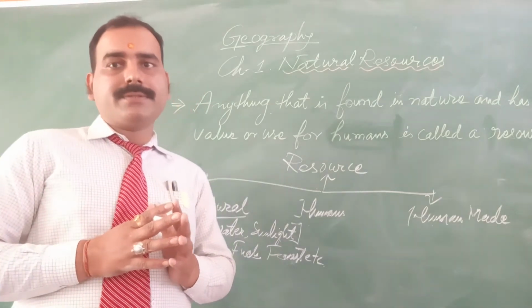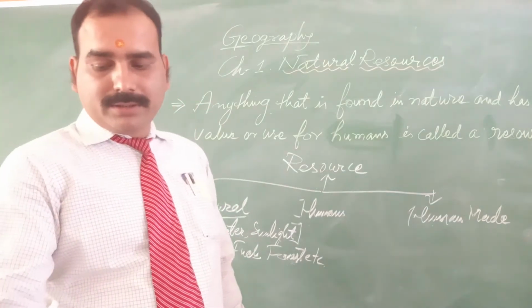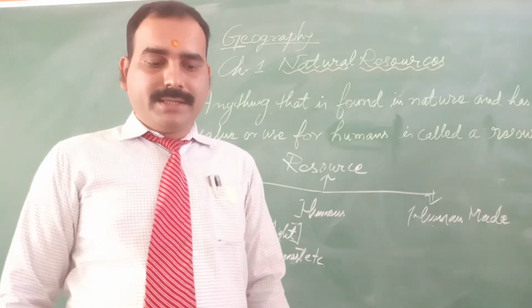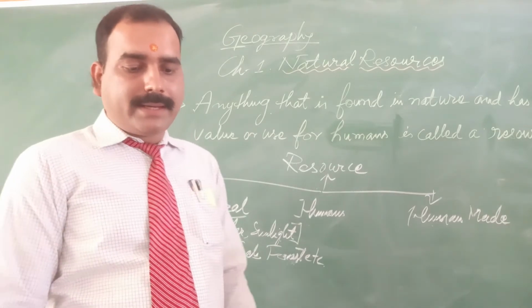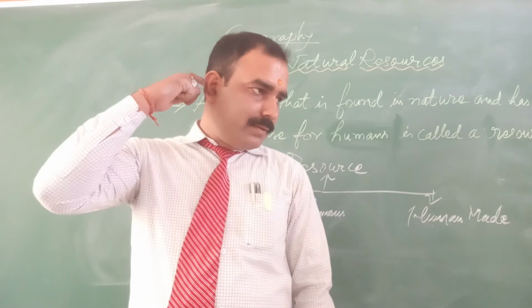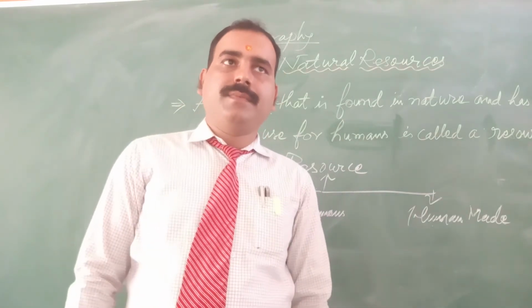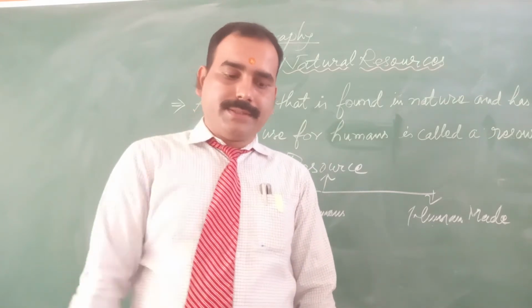I have explained to all of you in earlier classes that on the basis of origin and source, natural resources are divided into two parts, biotic and abiotic resources. So the question is, what are biotic resources and what are abiotic resources?